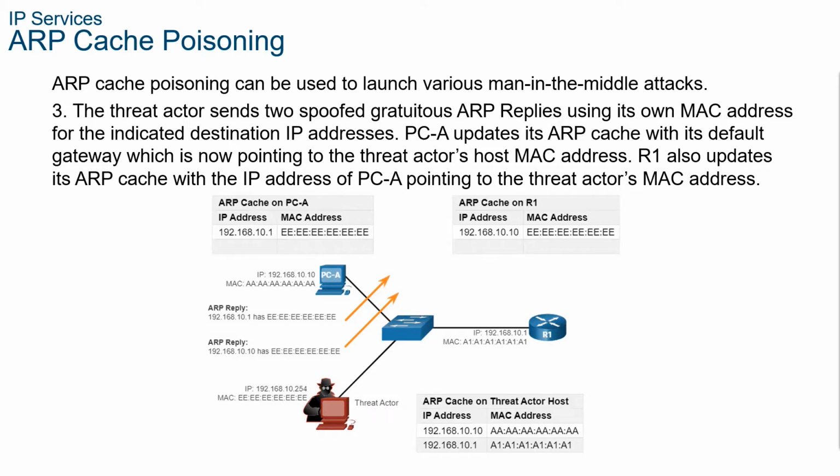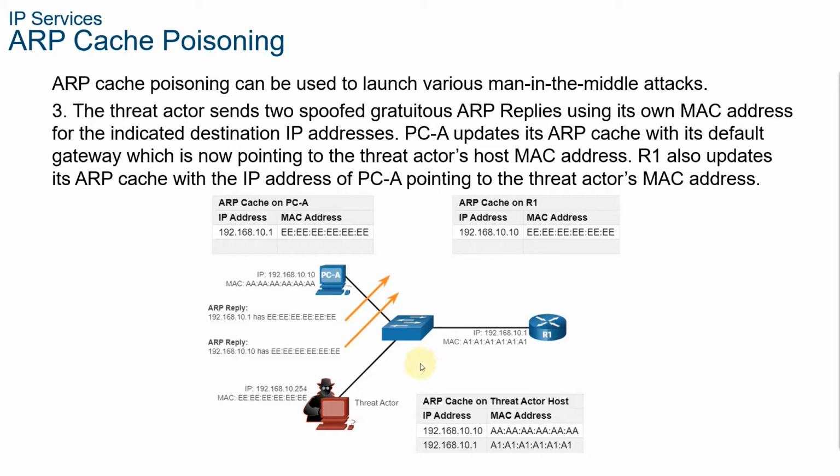So PCA updates its ARP cache with its default gateway, which is now pointing to the threat actor's host MAC address. R1 also updates its ARP cache with the IP address of PCA, pointing to the threat actor's MAC address. So the threat actor's host is executing an ARP poisoning attack.